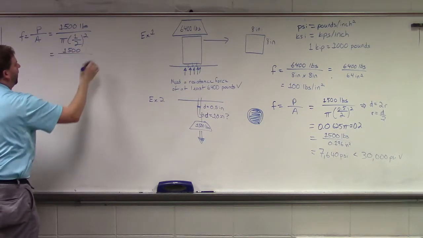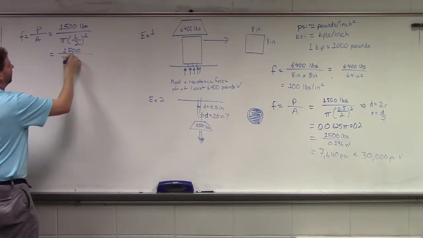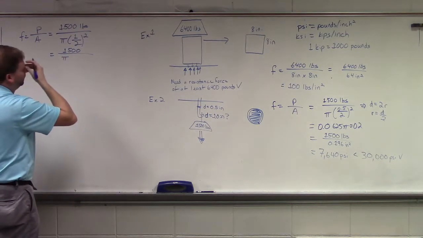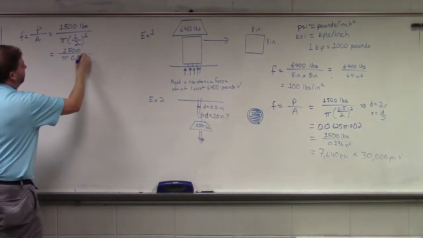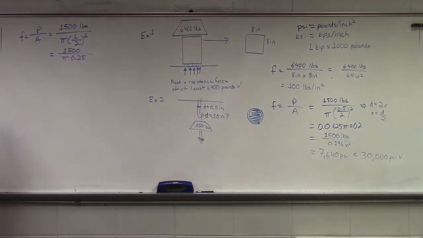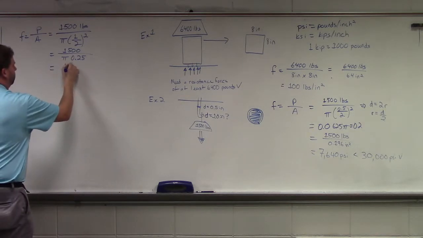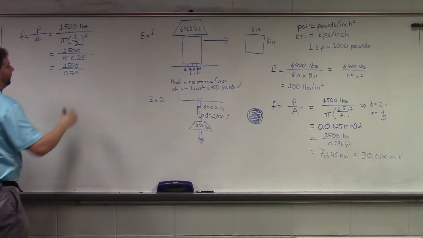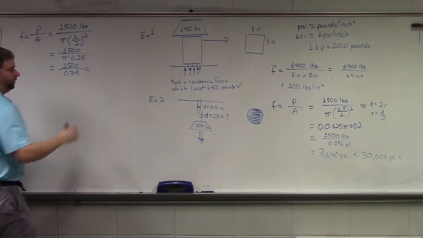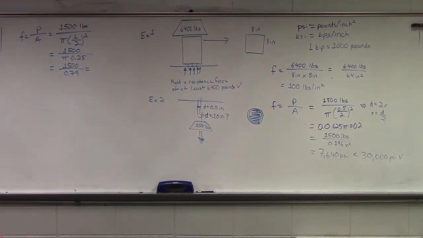Now we have 1/2 times 1/2, so 0.25 pi, which is 0.79. So what does that work out to be?